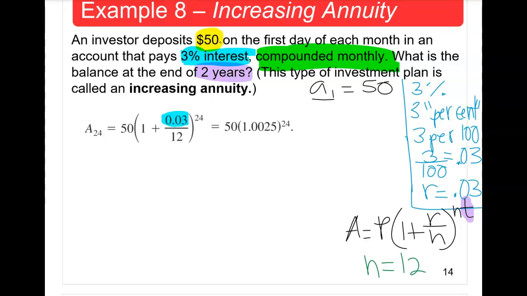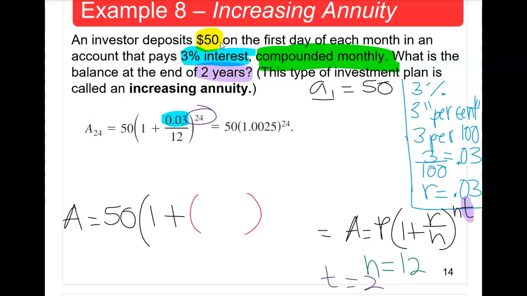And if t is equal to 2, then that's why you see that 24 there, because in reality, and I'm going to substitute it here, we're saying the principal value, the first term, 50, parentheses 1 plus, and then when we enter this in the calculator, we have to have an extra set of parentheses to enclose this fraction.